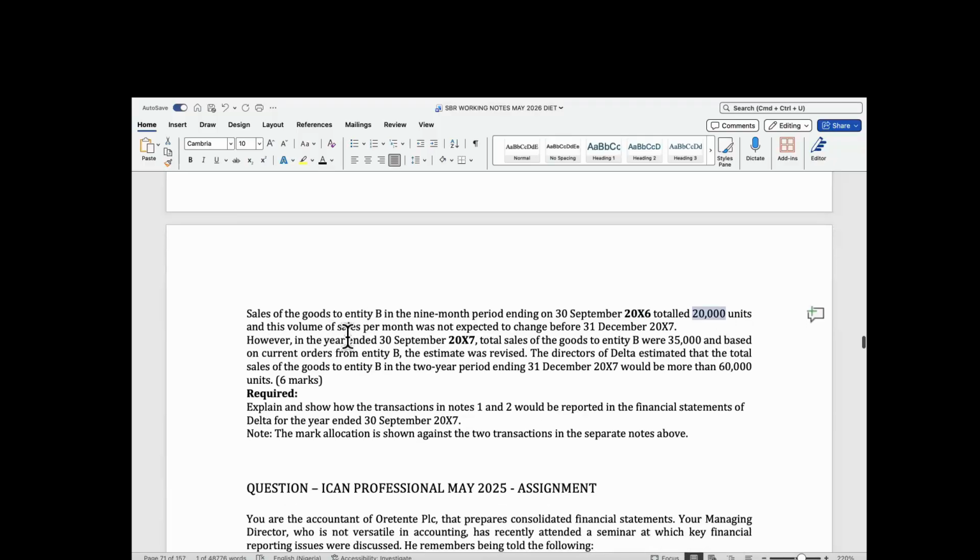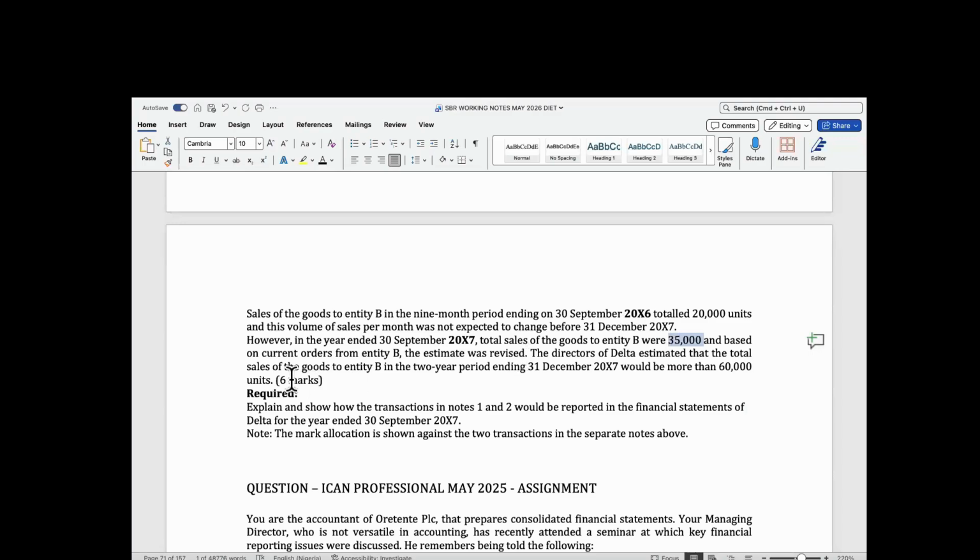It says, however, in the year ended 30 September 2007, the total sales of the goods to Entity B were 35,000. And based on current orders from Entity B, the estimate was revised.